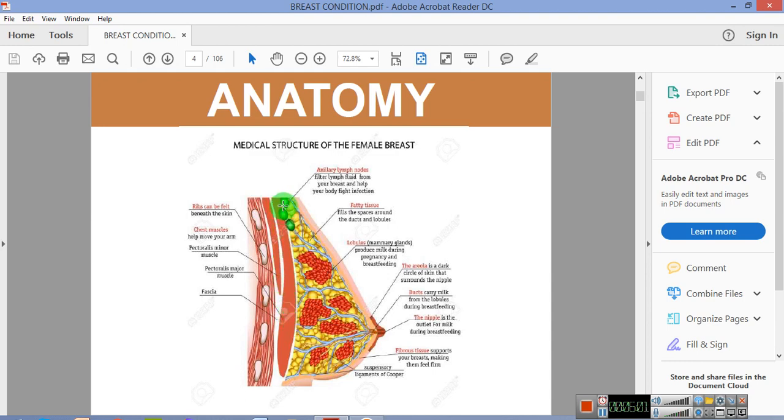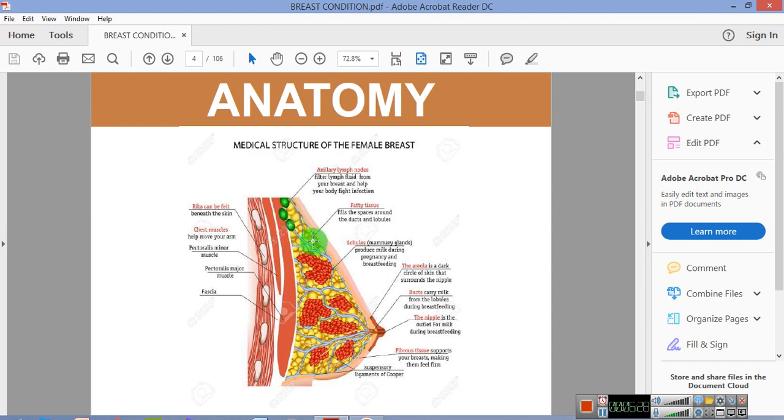Then there are axillary lymph nodes, which filter lymph fluid from your breast and help your body fight infection. Our lymphatic system always helps to prevent microbial invasion into our body. The axillary lymph nodes help prevent microbes from invading the body through the breast.